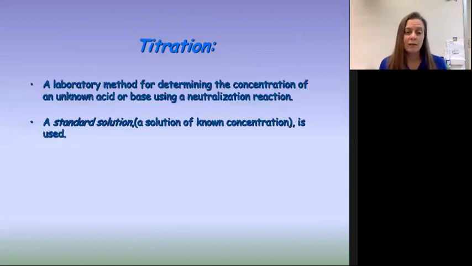When we do a titration, we are using a laboratory procedure to determine the concentration of something whose concentration is unknown. And we're going to use a neutralization reaction to do that. So we have to have a standard solution, a solution whose concentration is known.